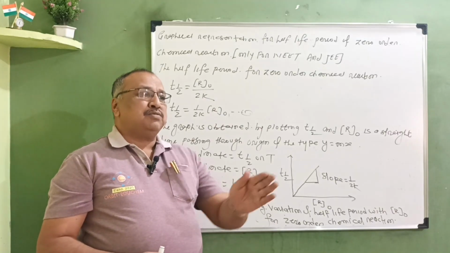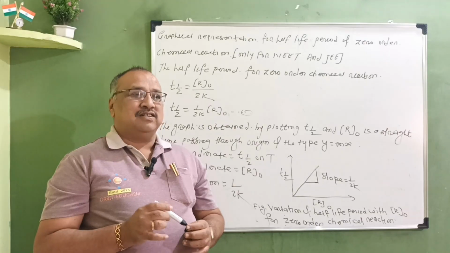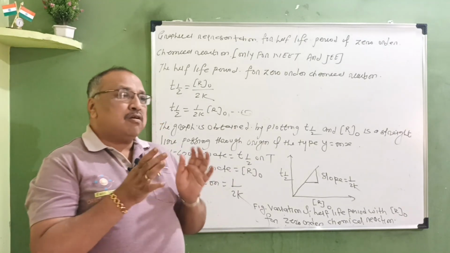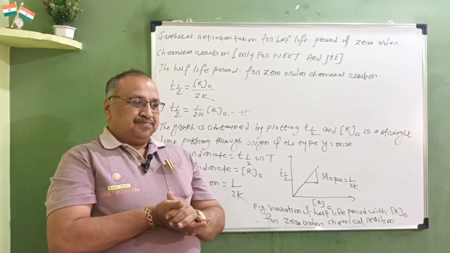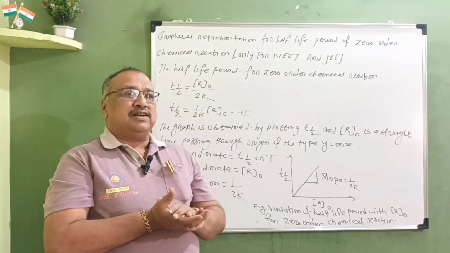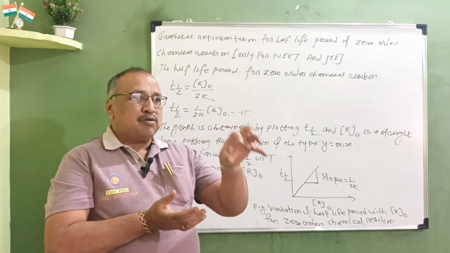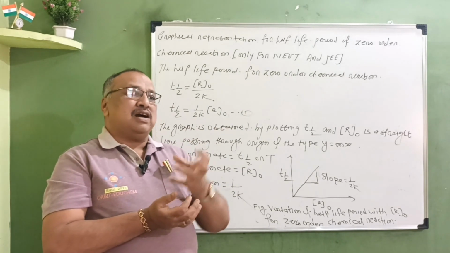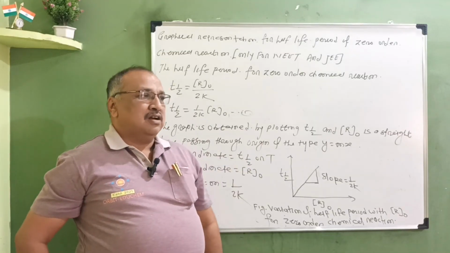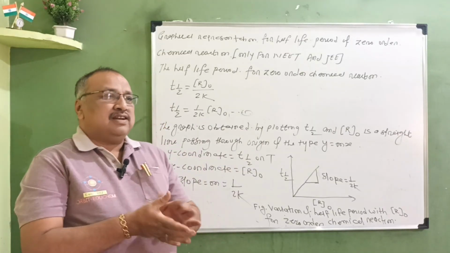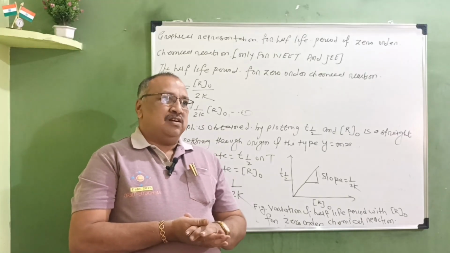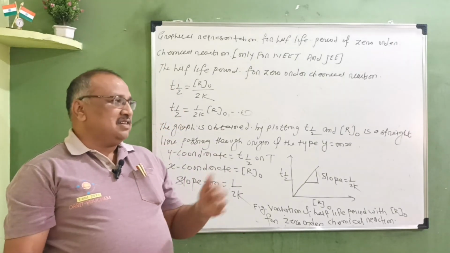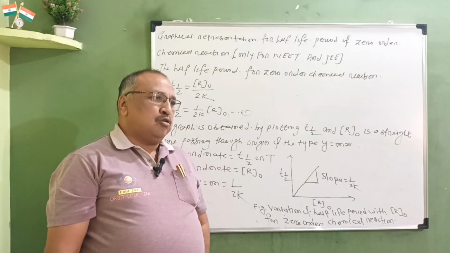That means half of the chemical reaction is completed, and for the completion of half of the chemical reaction, some time is required, and that time is nothing but the half-life period. Now the final equation for the half-life period of zero order reaction is T half is equal to R0 upon 2K.